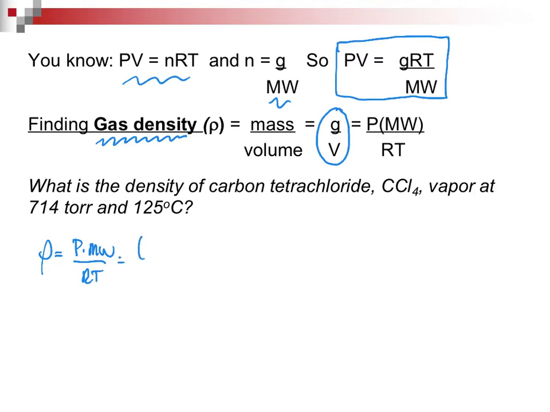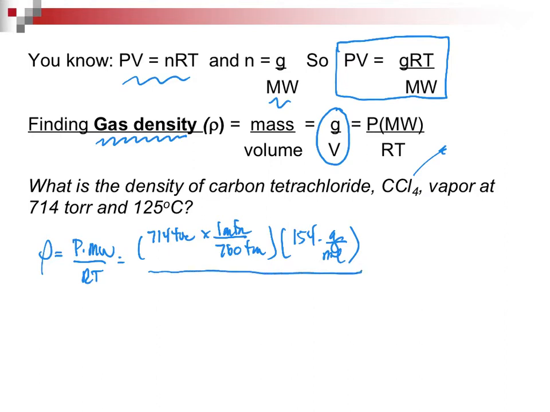My pressure, I'm going to put in just like I have been. 750 torr, 1 atmosphere is 760 torr. My molecular weight, oh, what could it be for carbon tetrachloride? It turns out to be 154 grams per mole. Now, if I was giving this exam, I would give you the molecular weight because I'm testing to see can you find a density.